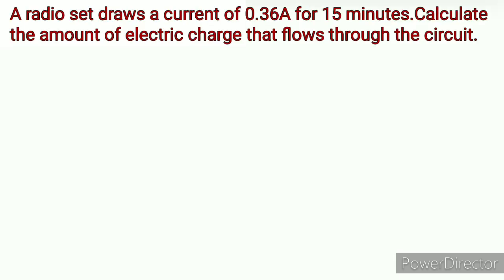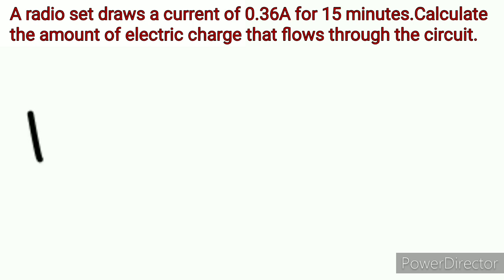Now the second question: a radio set draws a current of 0.36 ampere for 15 minutes. Calculate the amount of electric charge that flows through the circuit. It is the same as question number one, which we discussed earlier. The current and time are given, so we note down the values.